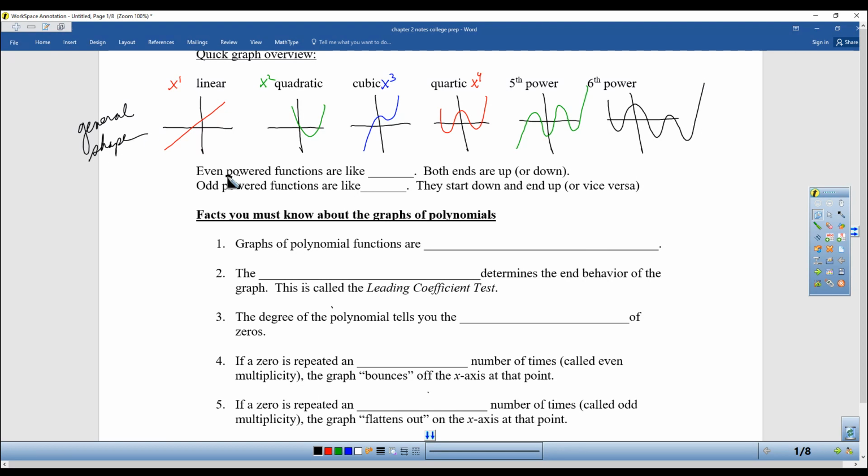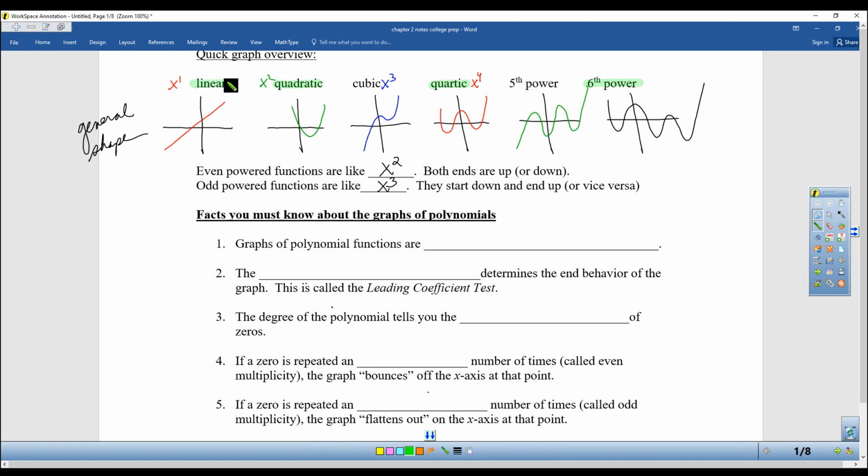You will notice that even-powered functions, so let's just highlight those, quadratic, quartic, sixth power, even-powered functions are like x squared. Both ends are either up or down. Odd-powered functions are like x cubed.